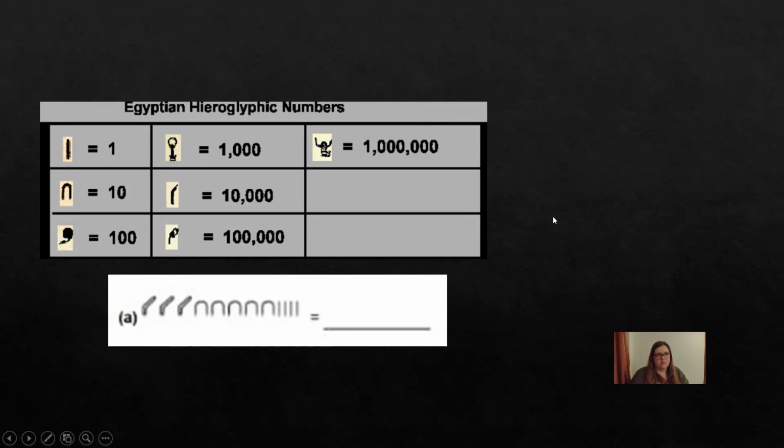These are hieroglyphic numbers, okay? So these symbols are 10,000 a piece. So you have 10,000, 20,000, and now 30,000. These right here, you have 5 of them, and those are tens.